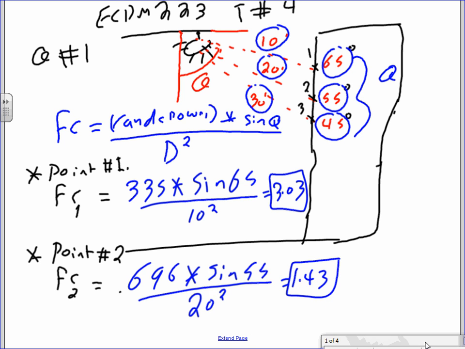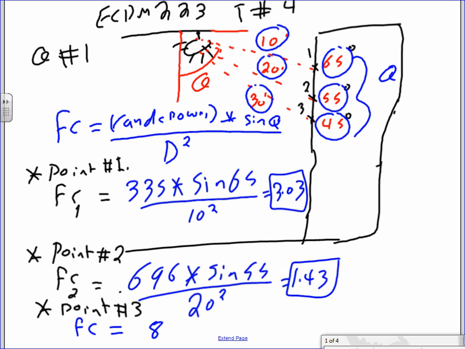Point number 3. At point number 3 the angle is 45. Do I have a 45? I made it easier. Yes, I do have a 45. At 45, the candela power is 842.